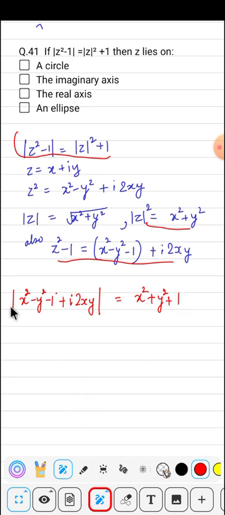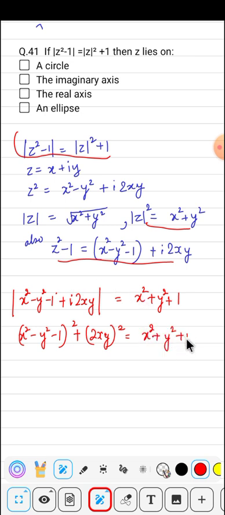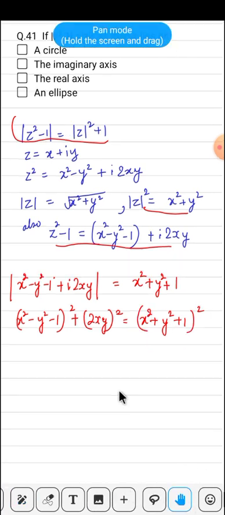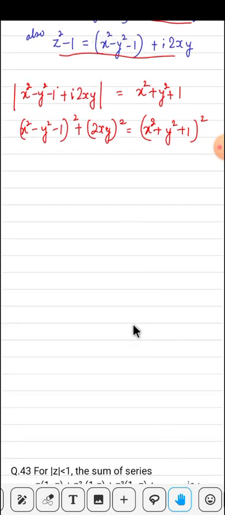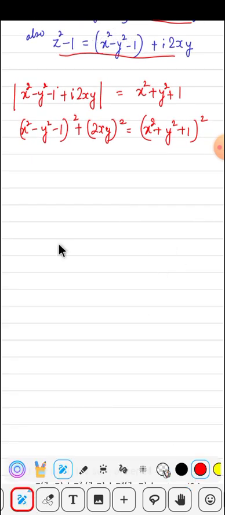Now let us remove this mod also. What we will get? (x² - y² - 1)² + (2xy)² equals, there has to be a square root, but I took the square root to this side, so I get (x² + y² + 1)².